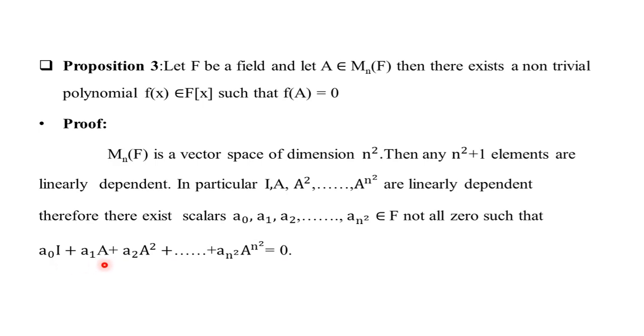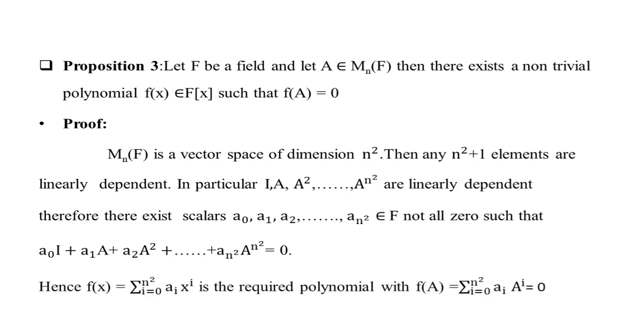See here, if we replace this A by x, I by 1, we get f of x as a0 plus a1 x plus a2 x square, etc., a n square x power n square. So we take this as f of x. So if we put x equal to A, that will be 0. So hence the result, see here.